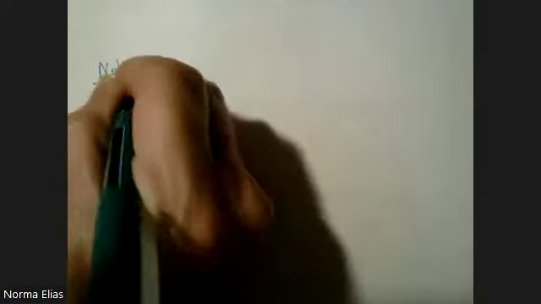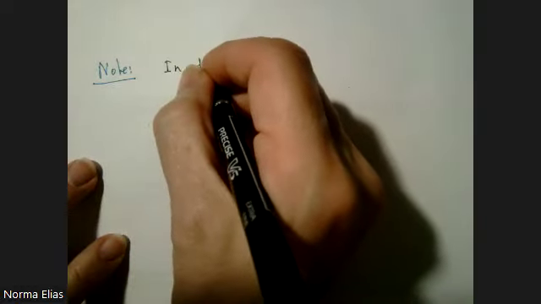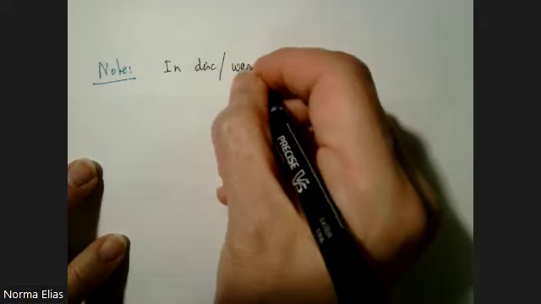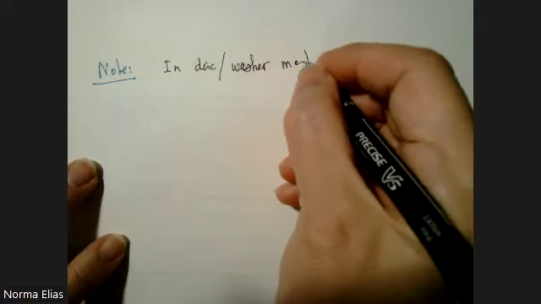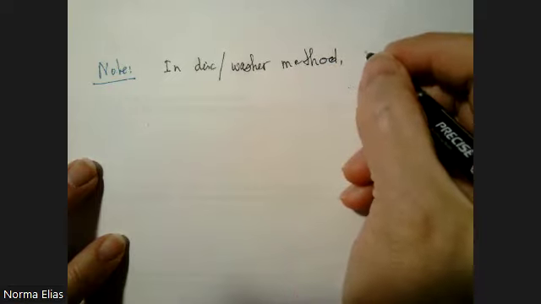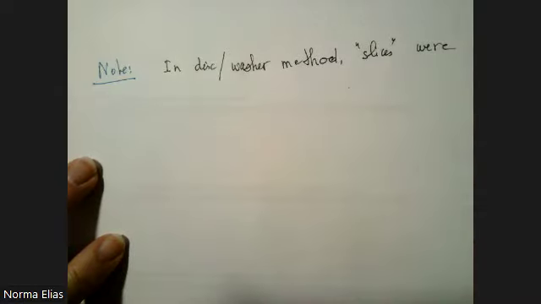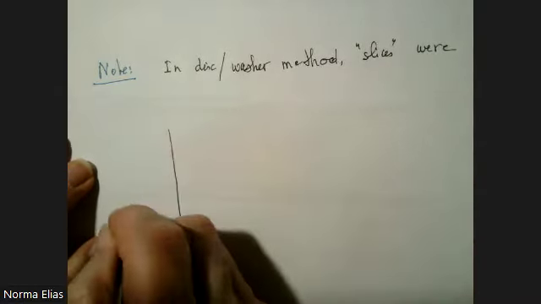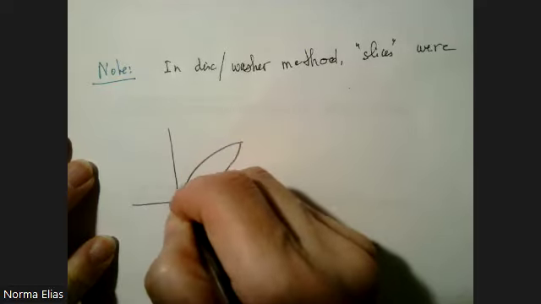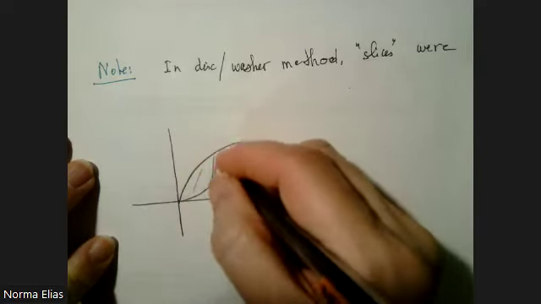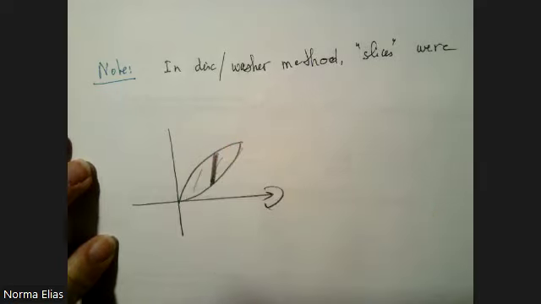So let me make a small note before. In the washer slash disk method, the slices we took, those little slices, when we rotated about the x-axis, those were the slices.